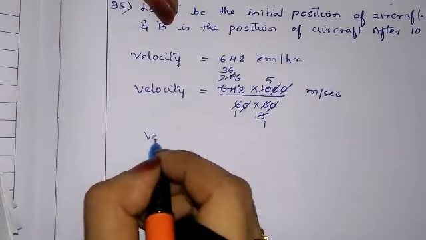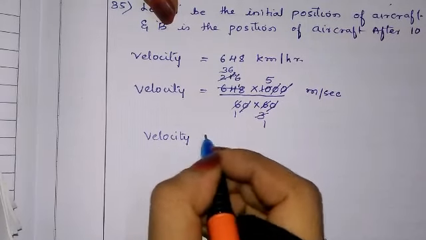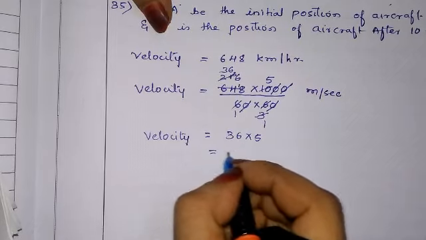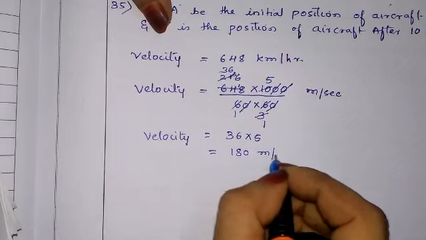So here the velocity we got is 36 into 5. If we multiply, that is 180 meters per second we got.